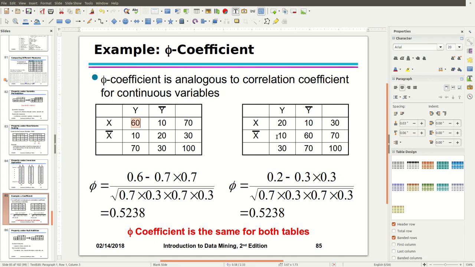This time it is 10, 60 in the other table, right? So it is inverted, and we have the same phi number for this table as well as this table. So in that case, because this is invariant under the inversion operation, we have a different property.